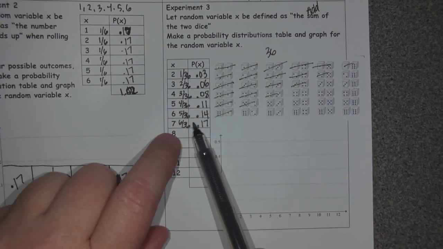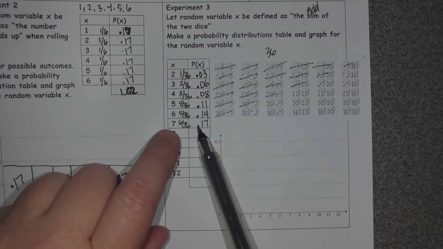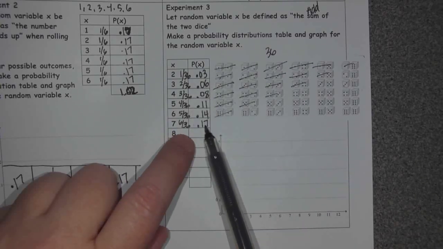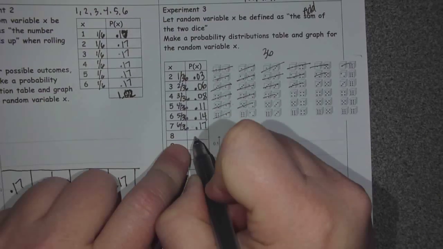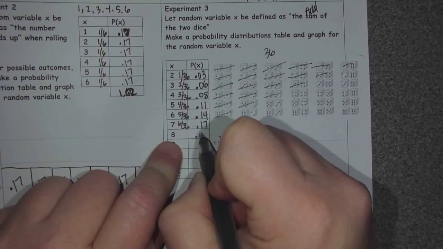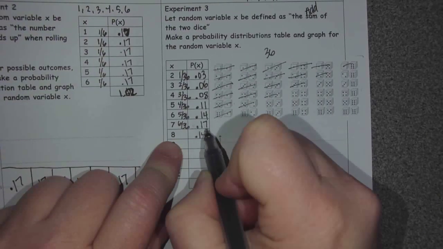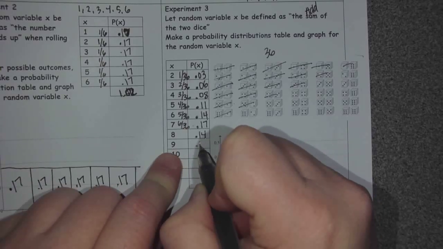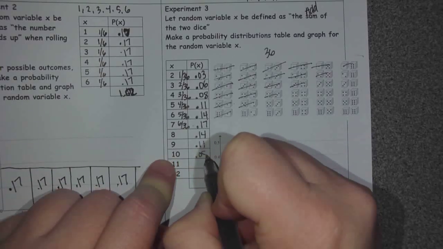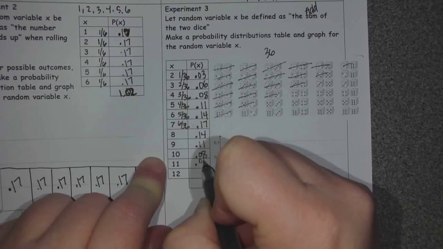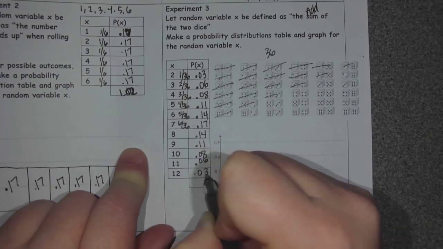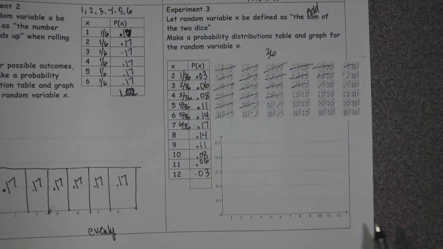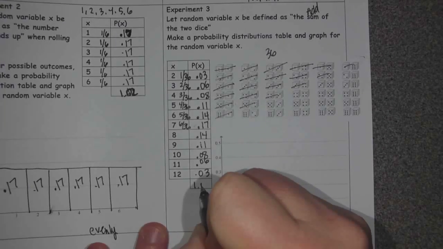So are you guys all right if we don't use all of our time to figure those out again and we just copy the opposite direction? So what's our next one going to be? 0.14. Yep. Then what? 0.11. Then 0.08. 0.08. Then 0.06. And then 0.03.